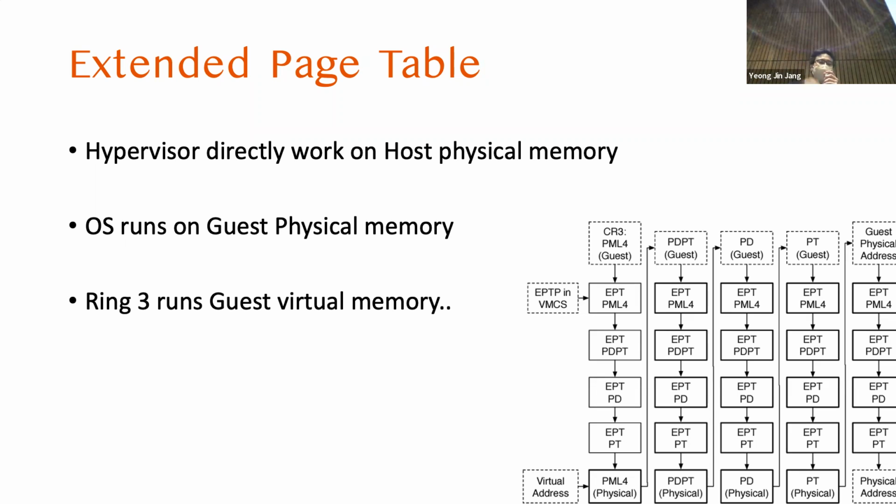The problem of having that kind of memory structure is this: we have the guest virtual memory in ring 3, which is translated by the operating system, and then that is also translated by the hypervisor.